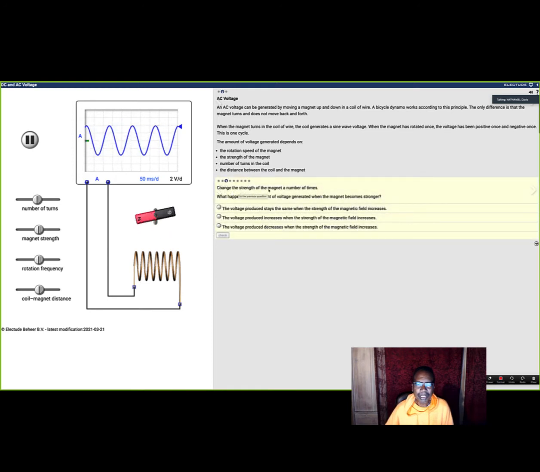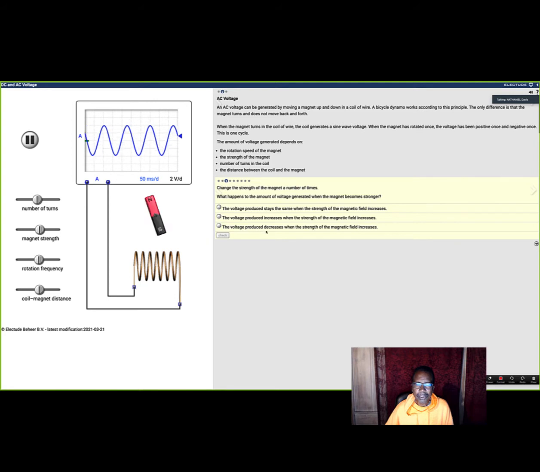Change the strength of the magnet a number of times. We did that over here. See, this is what they're talking about. We already did this. What happens to the amount of voltage generated when a magnet becomes stronger? The voltage produced stays the same when the strength of the magnetic field increases. The voltage produced increases when the strength of the magnetic field increases.